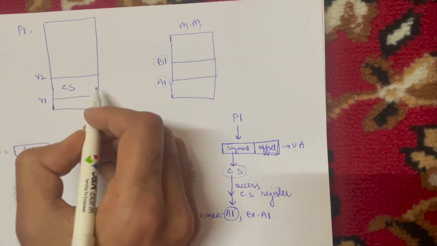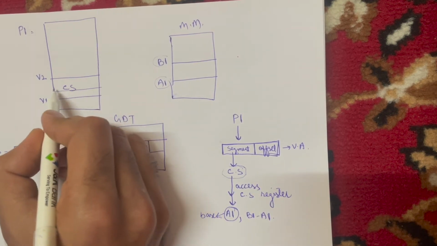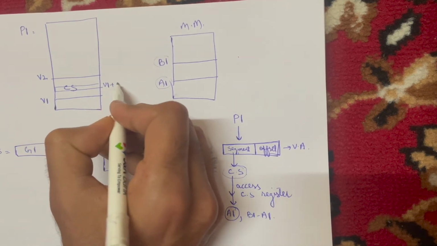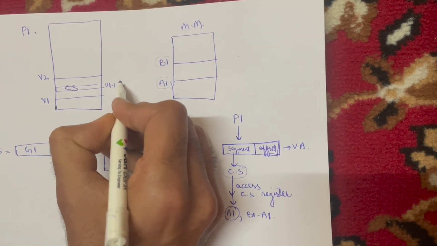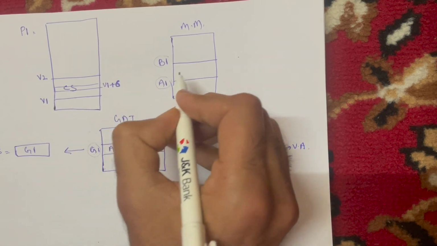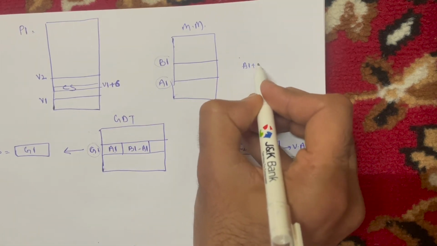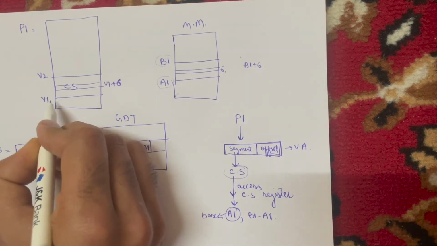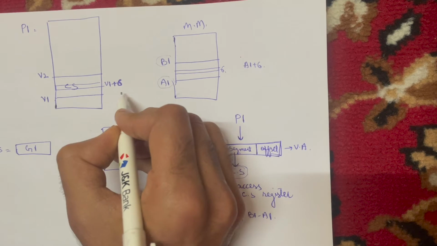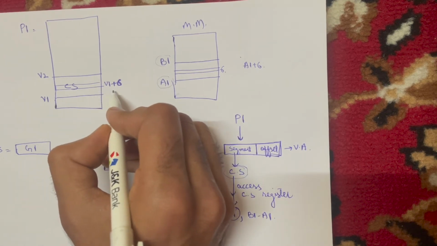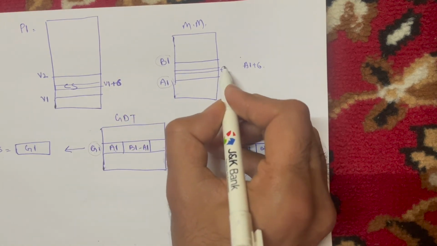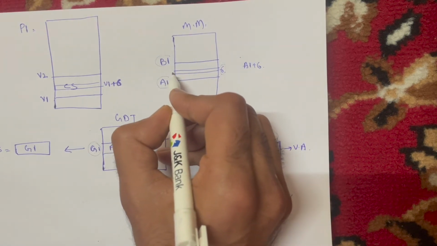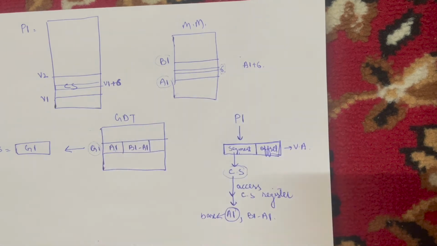So let's suppose the address that I needed was V1 plus 6. In the main memory, it will be A1 plus 6, so it will be here, because V1 is mapped to A1 and the distance here is 6. So here also it will be 6. It is an offset. Offset means the position of an item inside some segment.